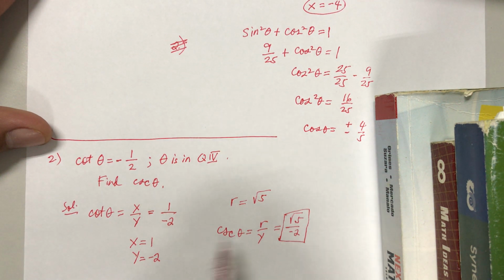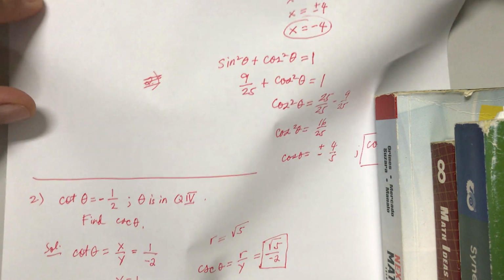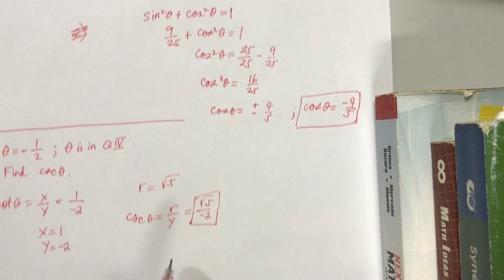Anyway, the value of the number is not changed because the negative sign may be placed anywhere. Pero when you are to solve for a certain value, like in this case, which is cosecant theta, you have to know whether it is x or y which is a negative number. Okay, I think that is clear enough.